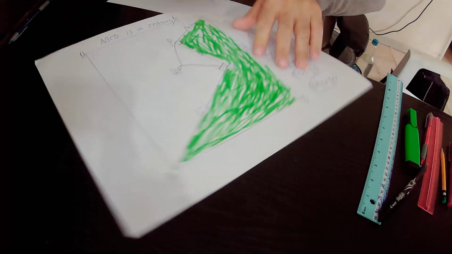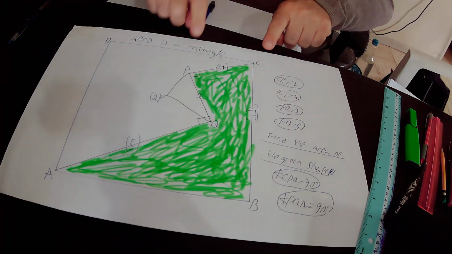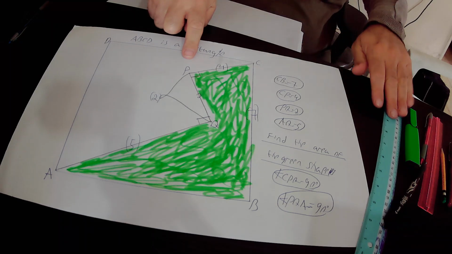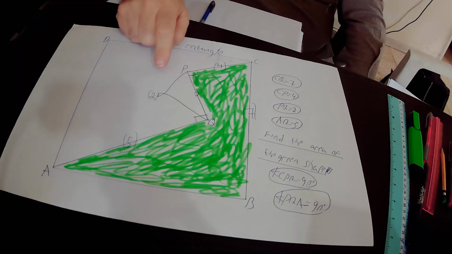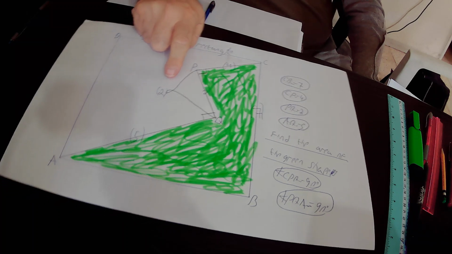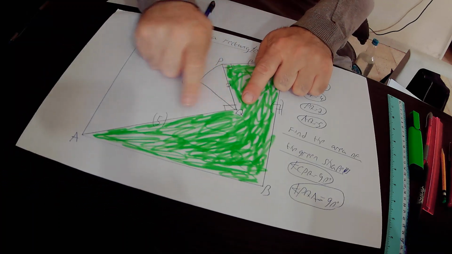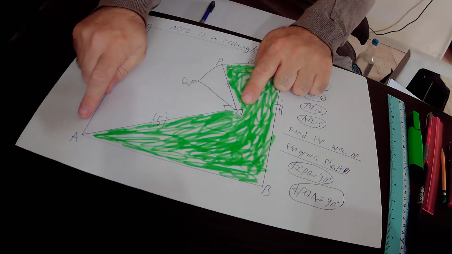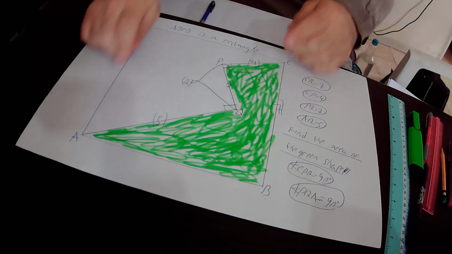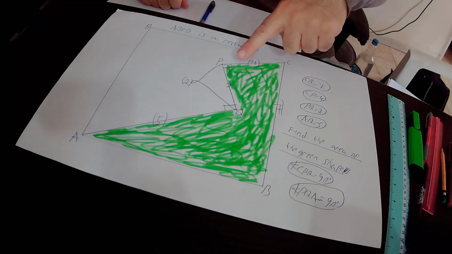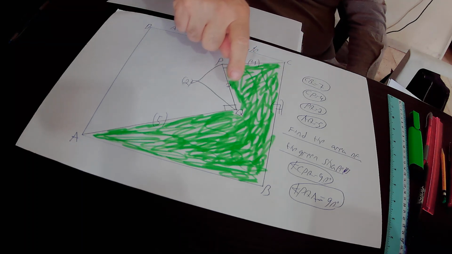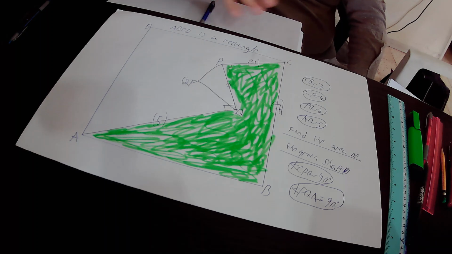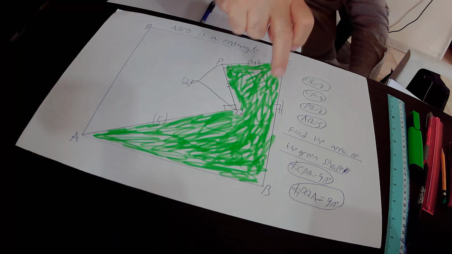In addition, line segment CP equals 4 units in its length. This is line segment PQ, that equals 2 units. And finally, this is line segment QA, that is equal to 5 units in its length. In addition, this is angle CPQ, that is a right angle, and this is angle PQA, that is also a right angle. I repeat again that our mission is to find out the area of this green shape.